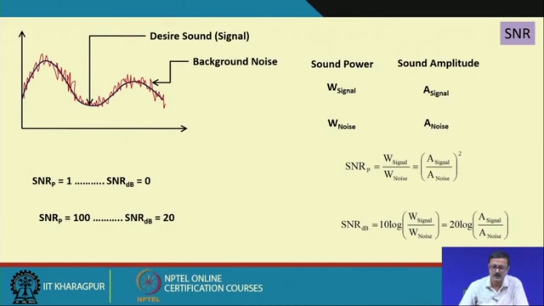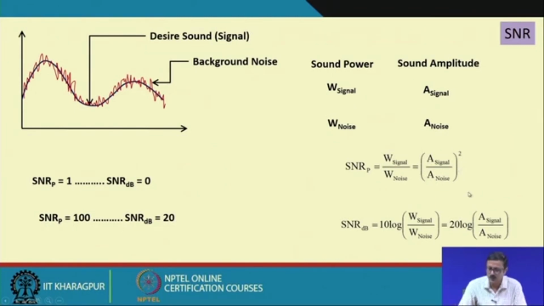And for that, the signal to noise ratio has been taken as one of the basic parameters, where, from the power point of view, it is written as W signal by W noise, where the W's are the power of this particular signal and this noise. Sometimes it may be rewritten on a dB scale, where SNR, the signal to noise ratio in dB, is 10 log of that, and it can also be rewritten in terms of amplitude, where it is the amplitude square.